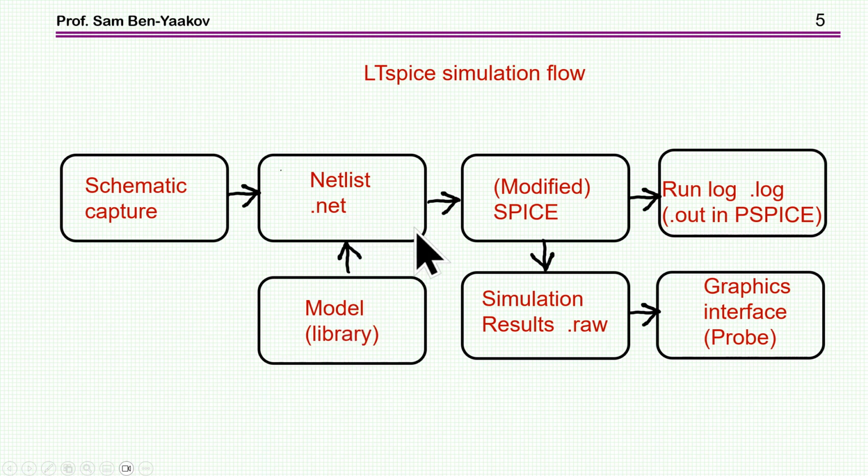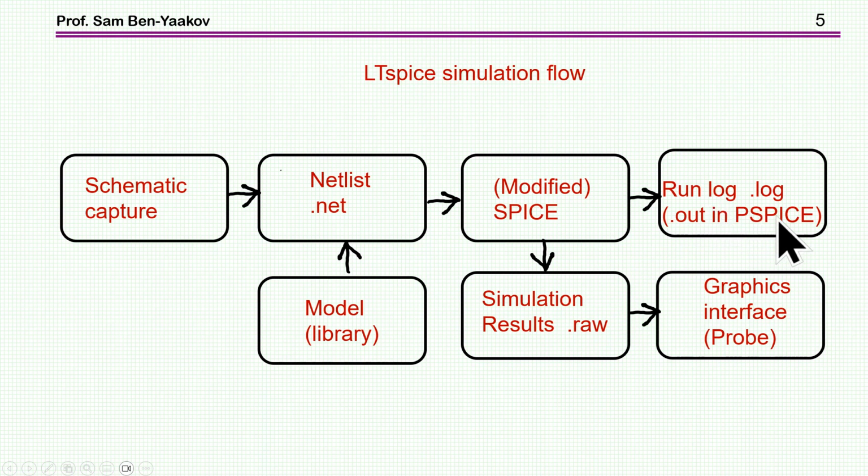Then the program will run, and the algorithm is carried out by the modified SPICE core. The output data is then put into a file, which in the case of LTspice is a .raw. Then there is another file which gives you some information about the run itself, the progress of the run, the time it took, and some information.